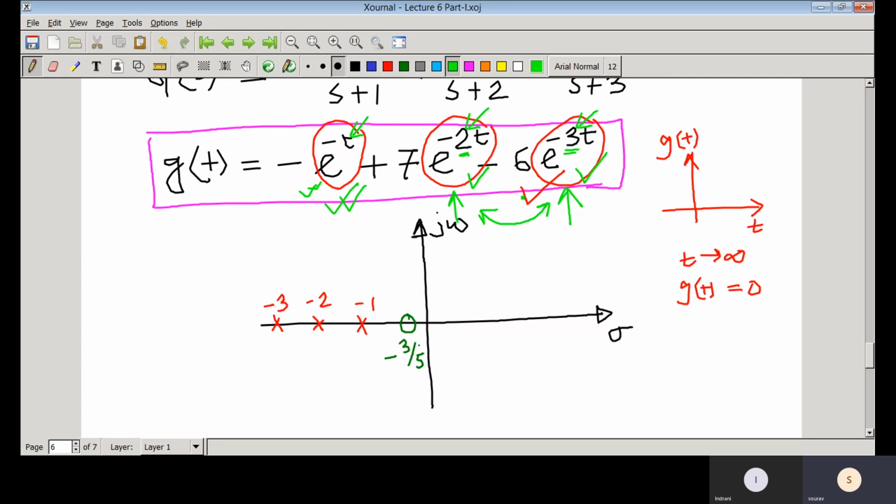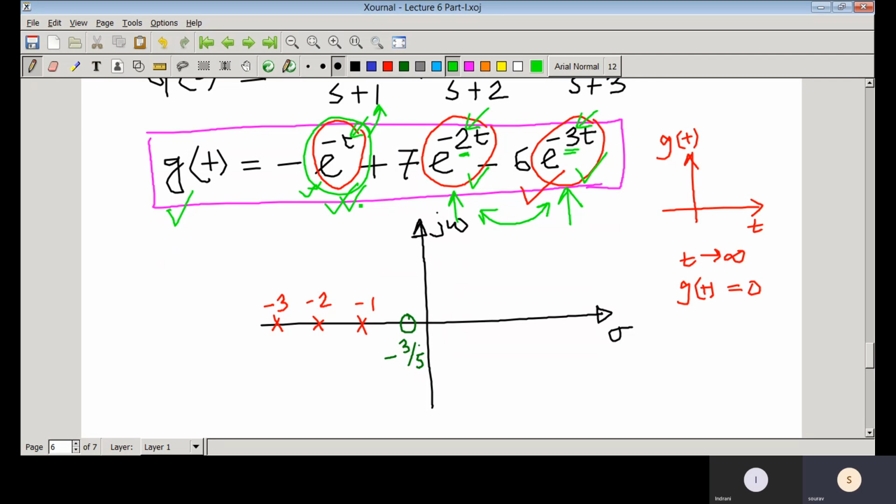So if you look at the transient response for this g(t), this particular term is associated with the pole -1. So the effect of this term is prominent in the transient response.